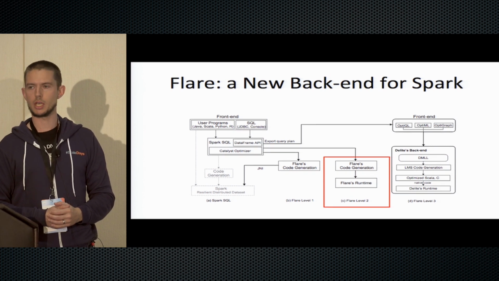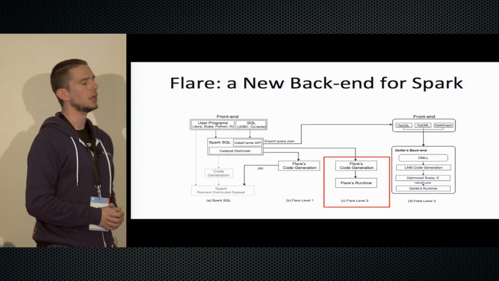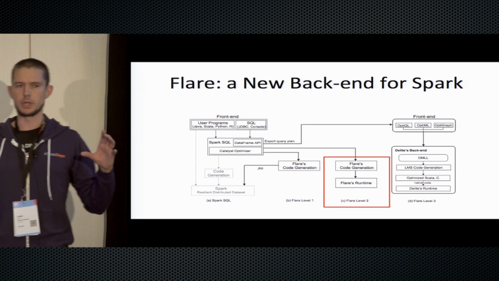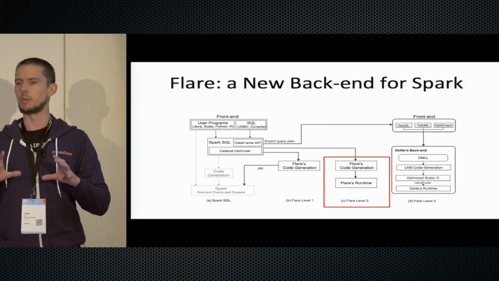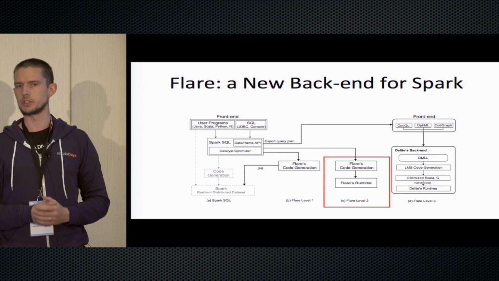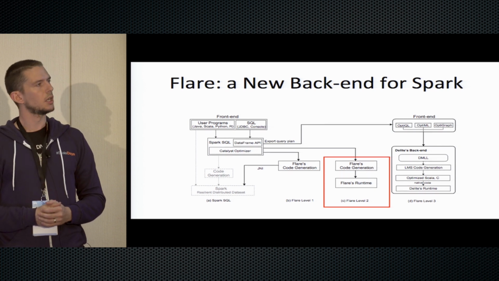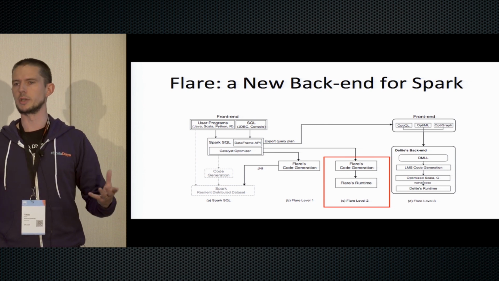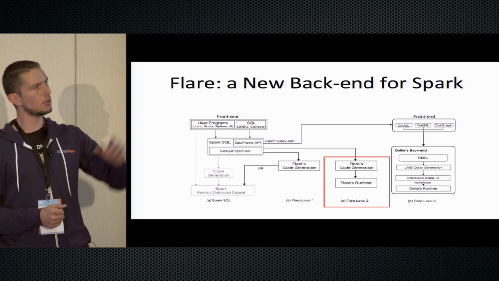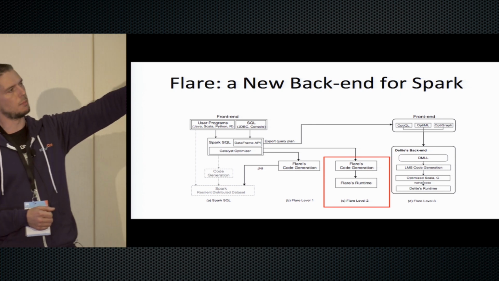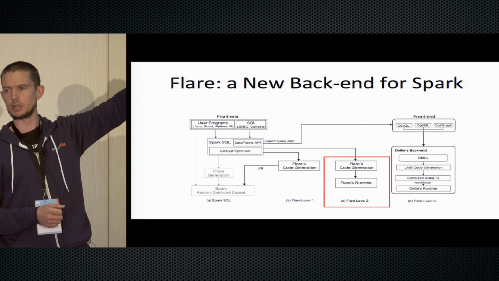The third level of integration is that we take the query plans and translate them to a more complete compiler framework that we have. This is a joint project with Stanford that has been going on for a number of years. The system is called Delite, and it's a compiler framework for domain-specific languages. There are a couple of domain-specific languages all embedded in Scala, called OptiML, OptiGraph, OptiQL, and so on.